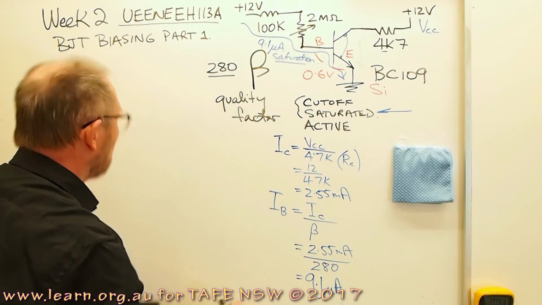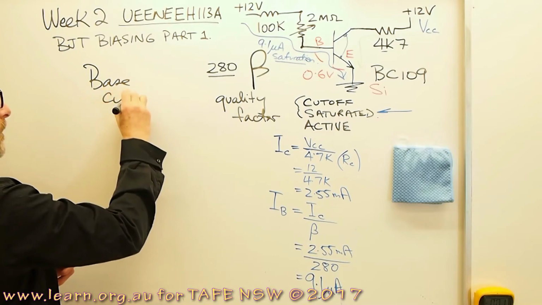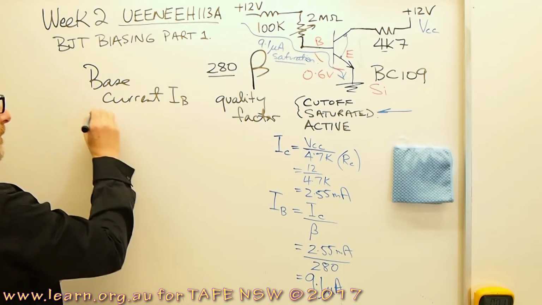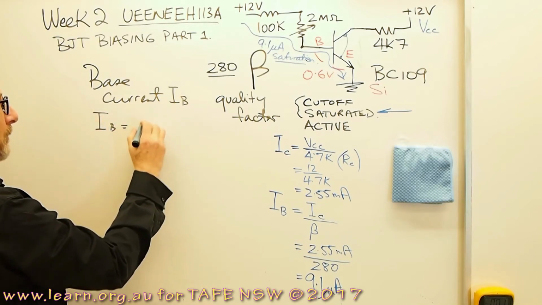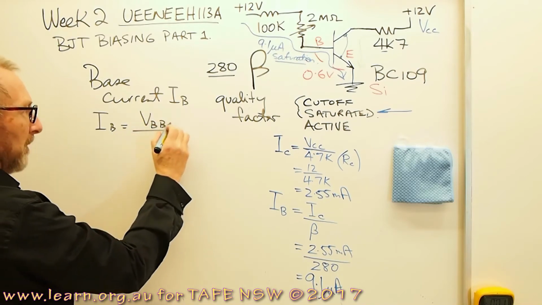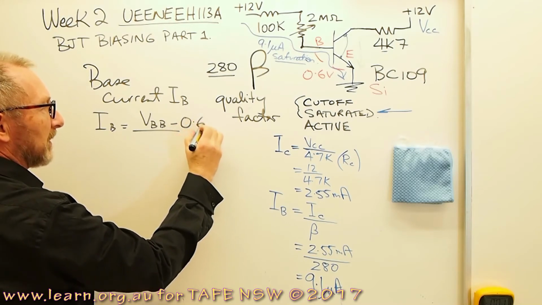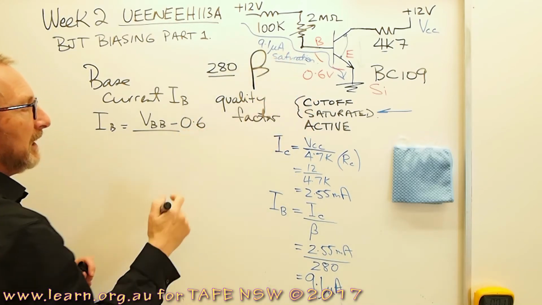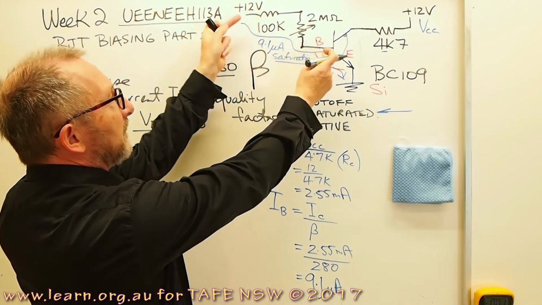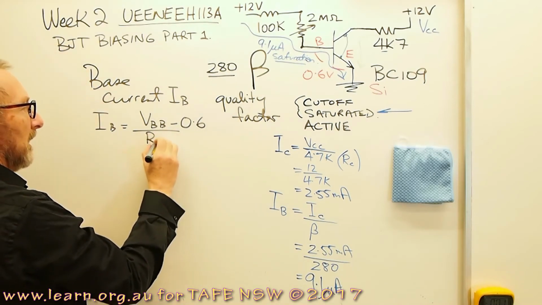Well, the base current is IB, and IB is going to be equal to VBB minus 0.6 volts VBE, because we have to take that away from the 12 volts to get the difference voltage across our RB, so over RB.